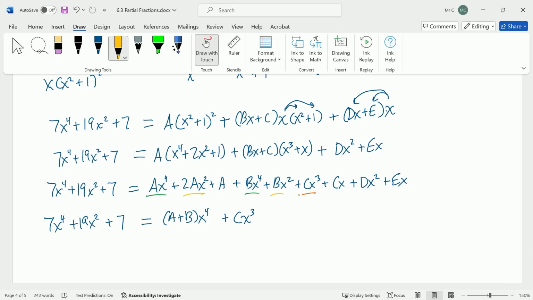We got 2ax squared, bx squared, and dx squared. So that's plus 2a plus b plus d times x squared. And we've got two linear expressions left, cx and ex. So that's c plus e times x. And finally, a single constant, a.